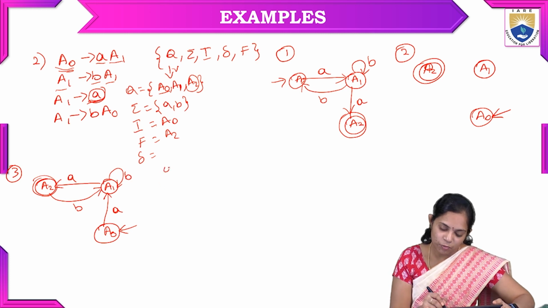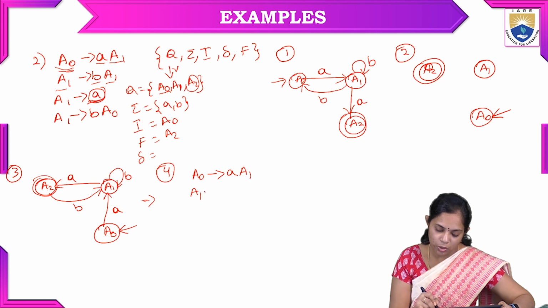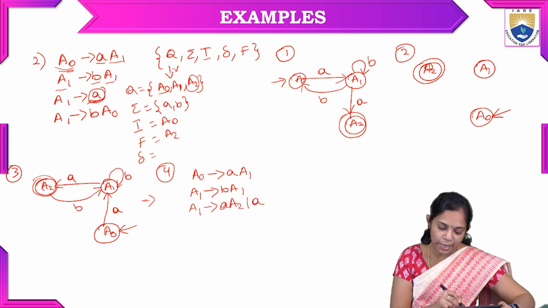And in the next step, the fourth step, we have to convert that to production rules. Here the starting state is A0. A0 goes with a as an input symbol to A1, and there are no other inputs to A0. From A1, b as an input symbol reaches A1, and from A1, a as an input symbol reaches A2, and as we have to write the a input symbol alone because it is a final state.